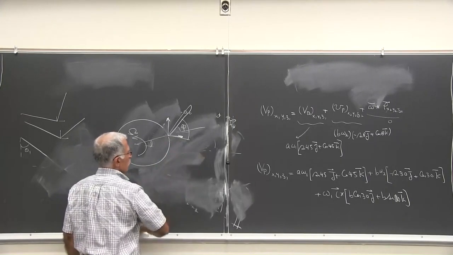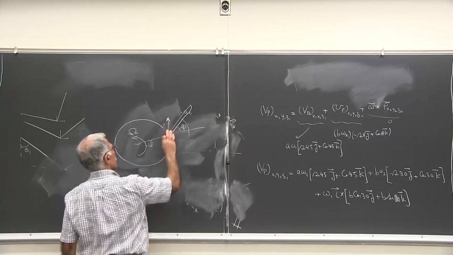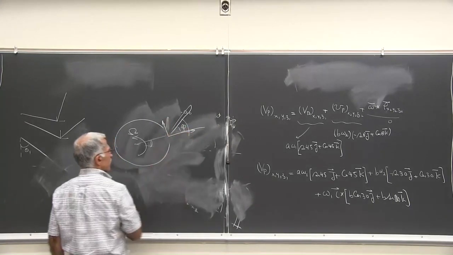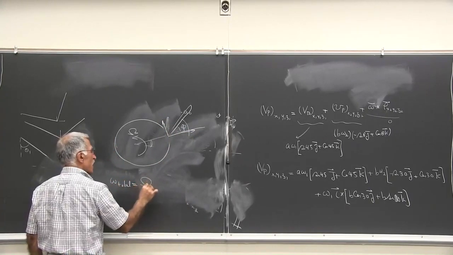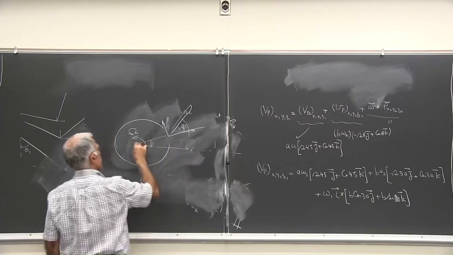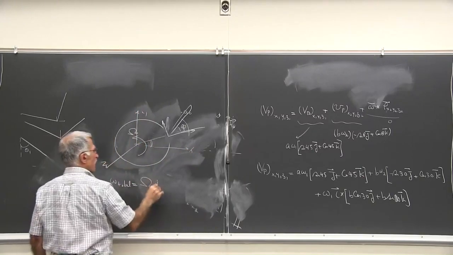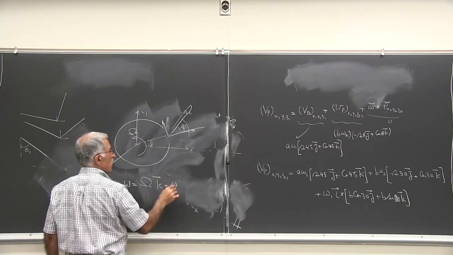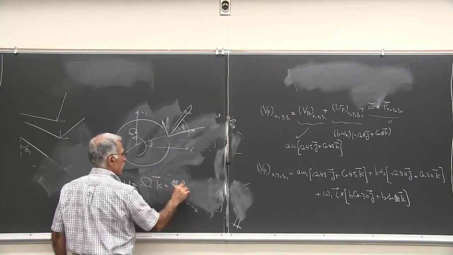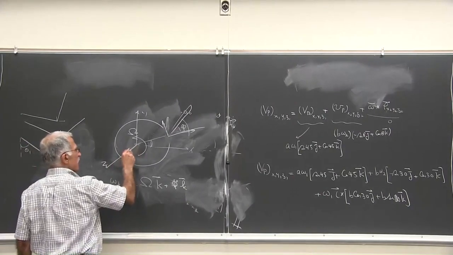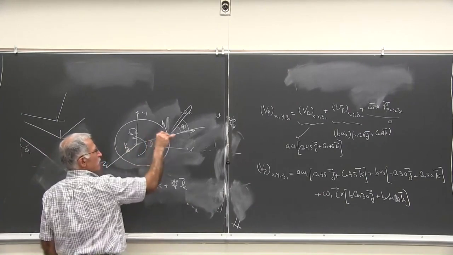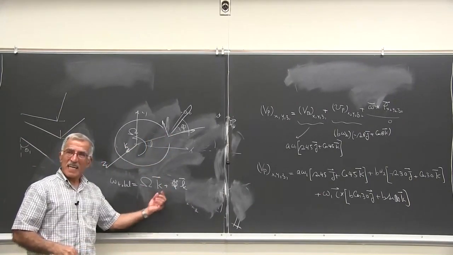So you could have said, if it's relative, your omega total is equal to omega capital K plus a small phi dot, a small k. Let's say this is capital X, this is capital Y, this is capital Z, and the k comes out of this page. So that's your angular velocity.